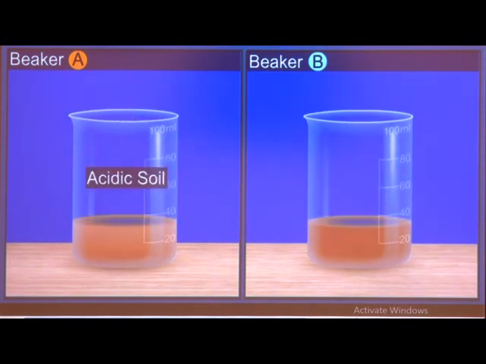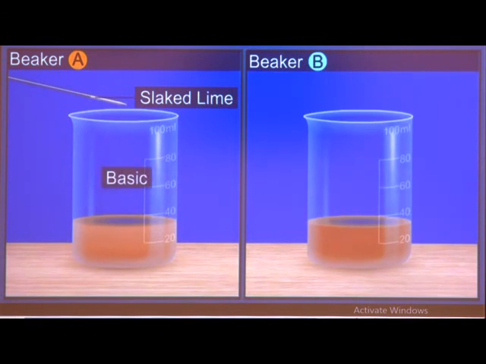The best way to neutralize acidic soil is by adding bases such as quicklime, which is calcium oxide, or slaked lime, known as calcium hydroxide. These bases neutralize the excess acids present in the soil, and hence the soil becomes neutral.